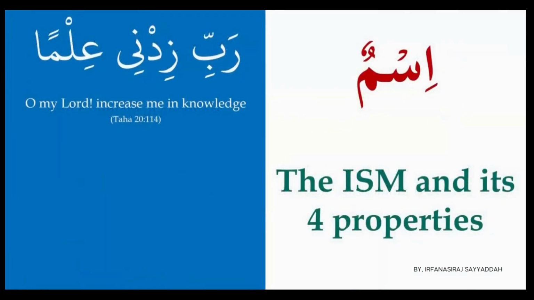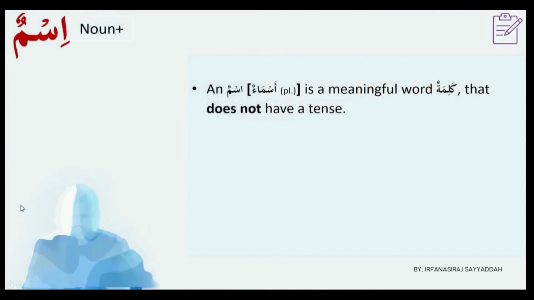The ismun and its 4 properties. In the introductory mapping session, we looked at how in Arabic there are only 3 types of words. Every word in the Arabic language will either be an ismun, fi'lun, or harfun. And the ism is the most comprehensive. Its singular is ismun, plural is asma'un. And it is a meaningful word that does not have a tense.